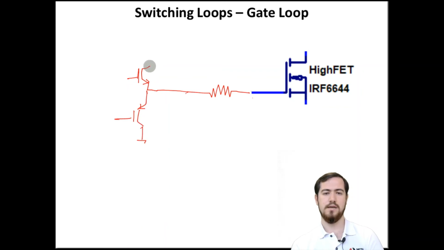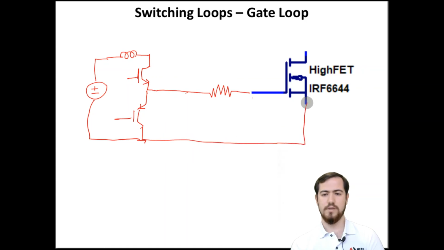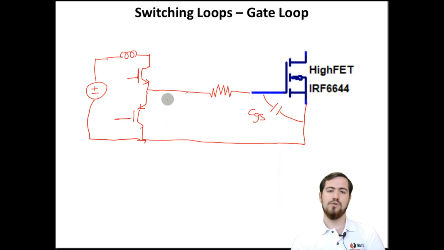As we all know, it is supplied with a power supply. Now when we want to turn on our MOSFET, we need to charge the CGS across the gate to source pin. So we need to supply a high frequency current on this loop.